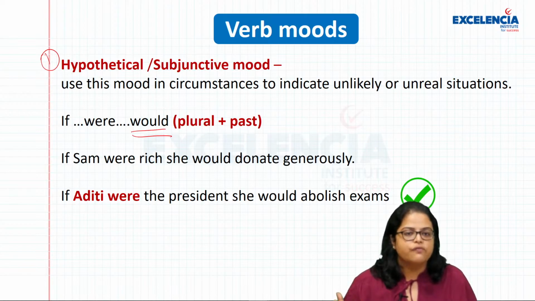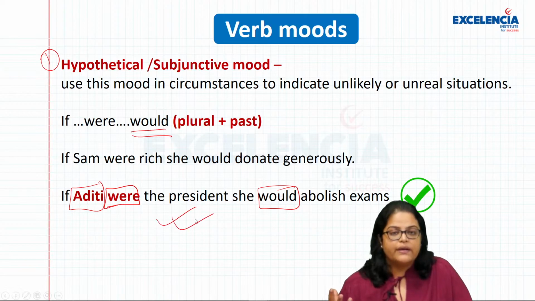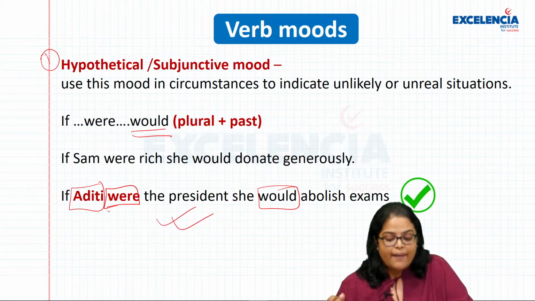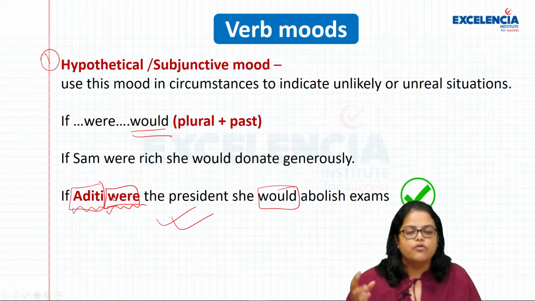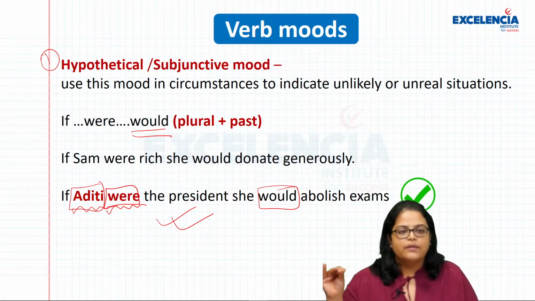They're more like wishful. So if I say, if Aditi were the president, she would abolish exams, this is absolutely correct. It's a subjunctive mood. I'm using a were here. Though I've used Aditi, singular, I'm using a were, plural, and it's absolutely correct because it's a subjunctive mood.